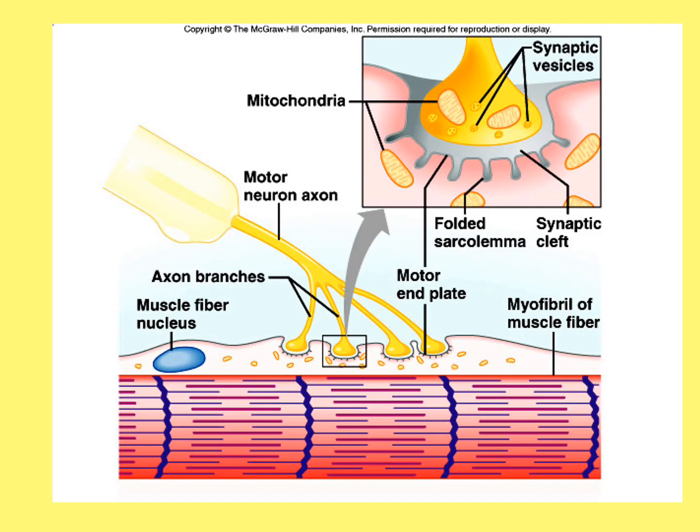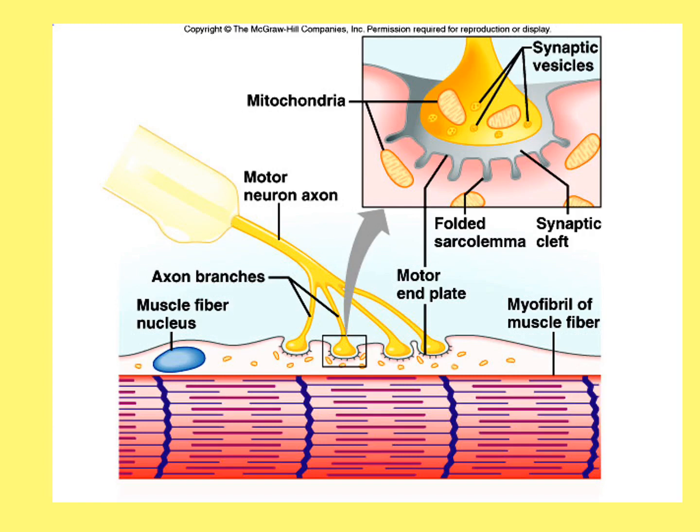And so if we look at the motor end plate, this is what we're looking at. We're looking at the end of the motor neuron coming in, the synaptic knobs with their acetylcholine vesicles. When depolarization passes through that motor axon, it's going to allow for release of acetylcholine.